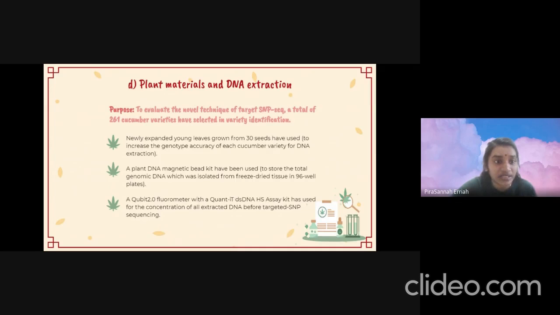Then a plant DNA magnetic bead kit was used to store the total genomic DNA isolated from the freeze-dried tissue in 96-well plates. And lastly, a Qubit 2.0 fluorometer with a Quant-iT double-stranded DNA HS assay kit was used to measure the concentrations of all extracted DNA before the targeted SNP sequencing.